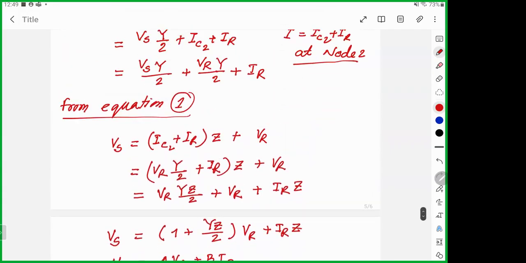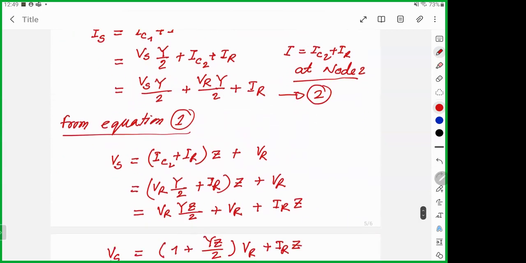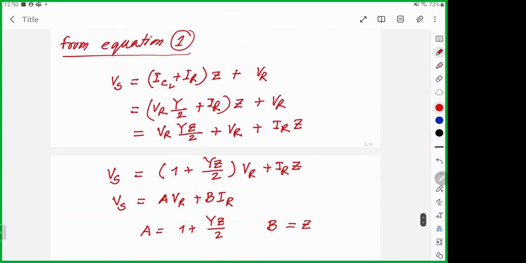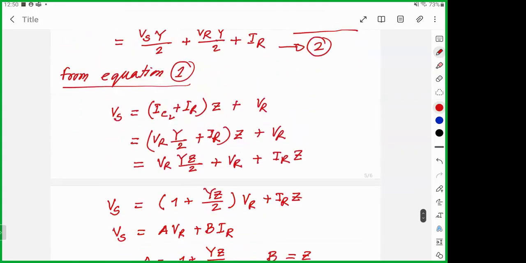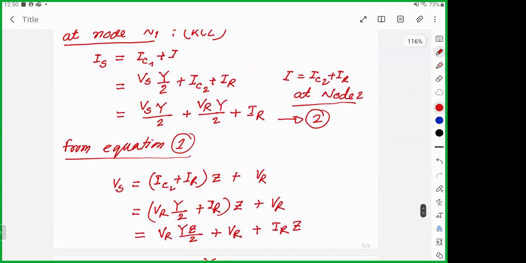Now we can go back to equation 2, where VS can be replaced with this expression, because IS has to be represented with VR and IR.